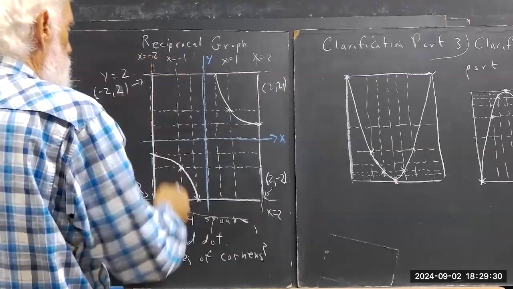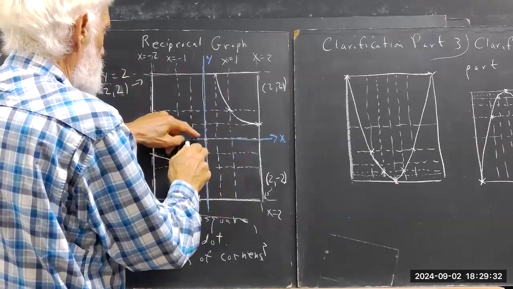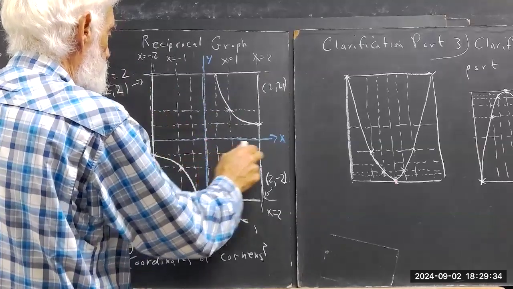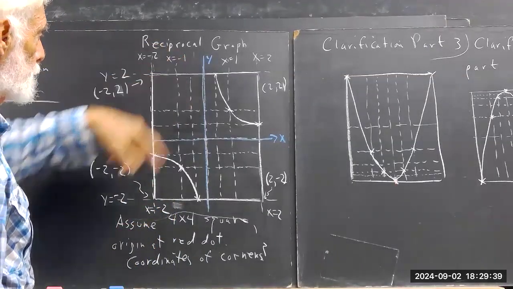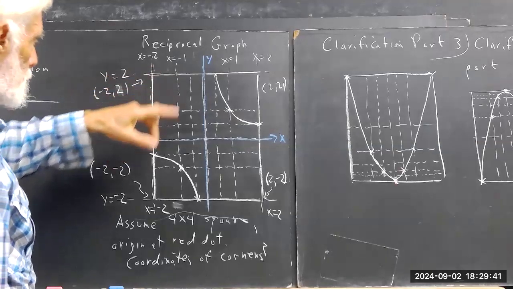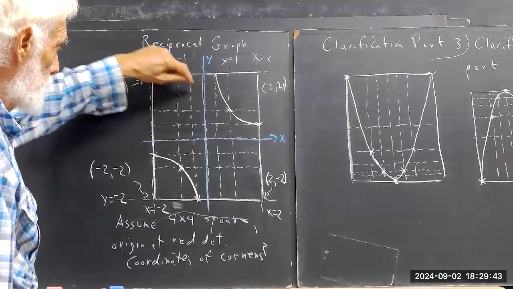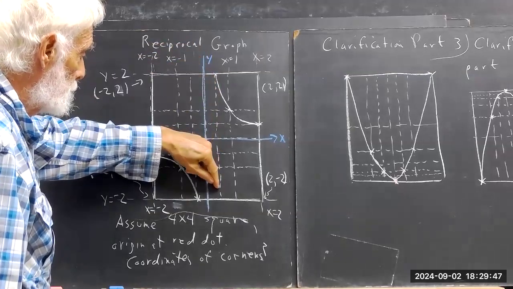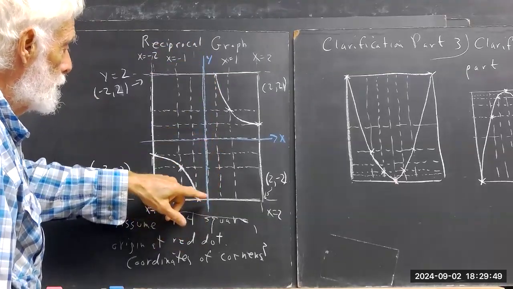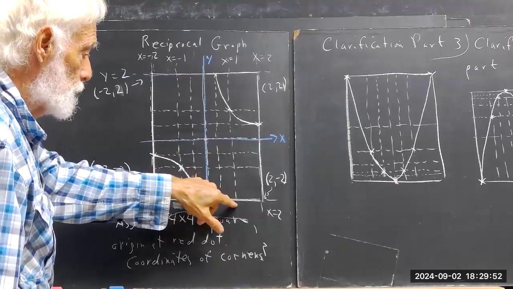These are the vertical lines. Now the y-axis is x equals 0. I might label that, but I want to leave myself room to label these 2 lines. What's this line? Start with this one. It's halfway between x equals 0 and x equals 1.